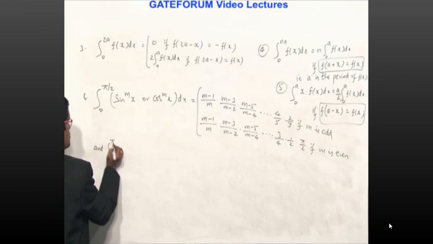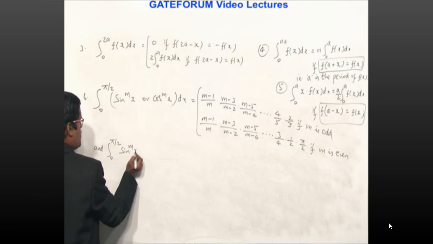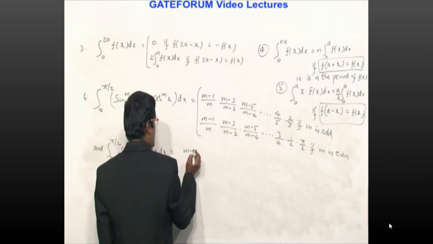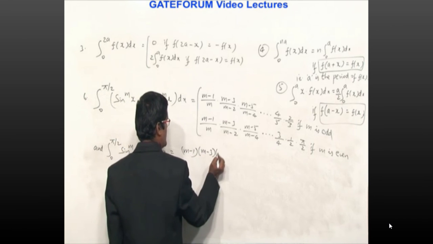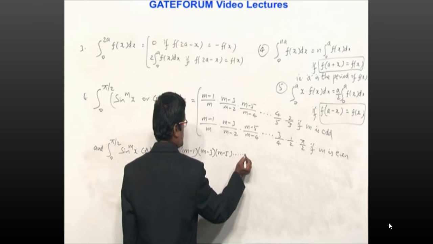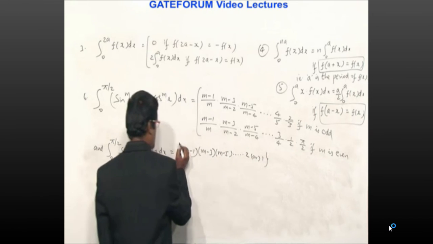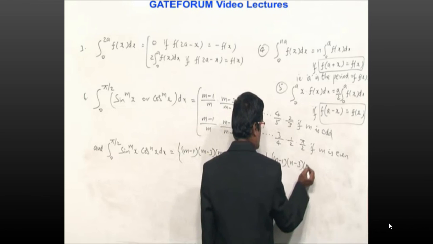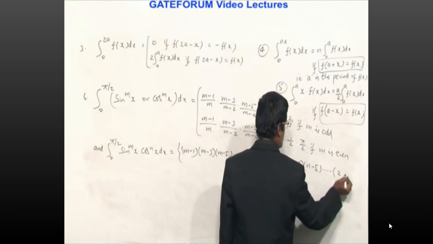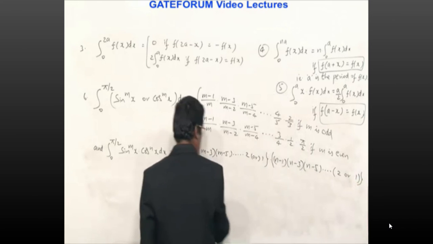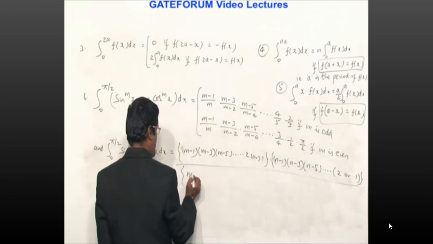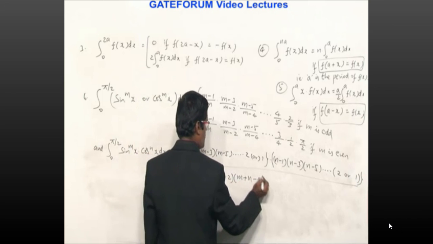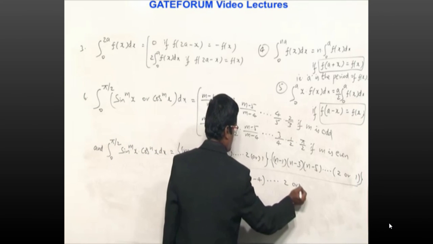And the combination of both, that is sin into cos: the integral from 0 to pi by 2 of sin power m x into cos power n x dx is equal to m minus 1 into m minus 3 into m minus 5 and so on down to 2 or 1, into the same procedure for the power of cos, n minus 1 into n minus 3 into n minus 5 and so on down to 2 or 1, whole divided by the bracket m plus n into m plus n minus 2 into m plus n minus 4 and so on down to 2 or 1.